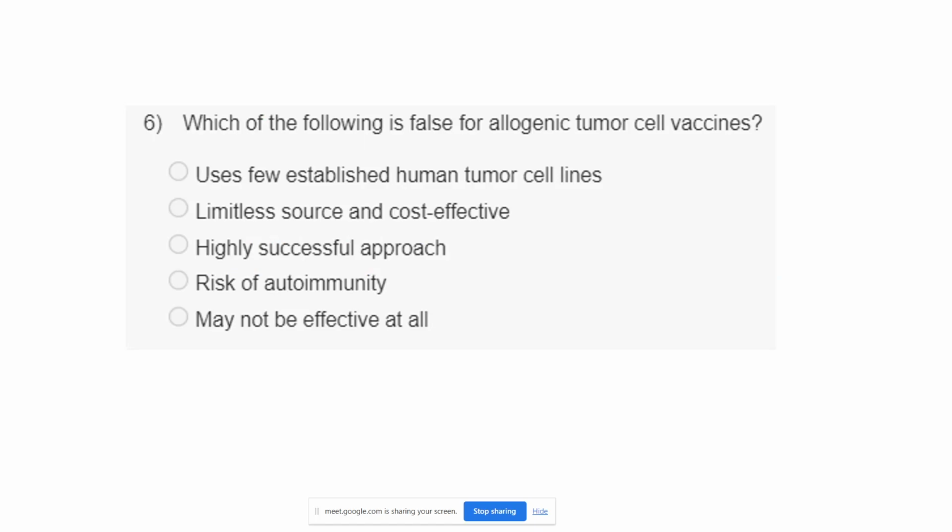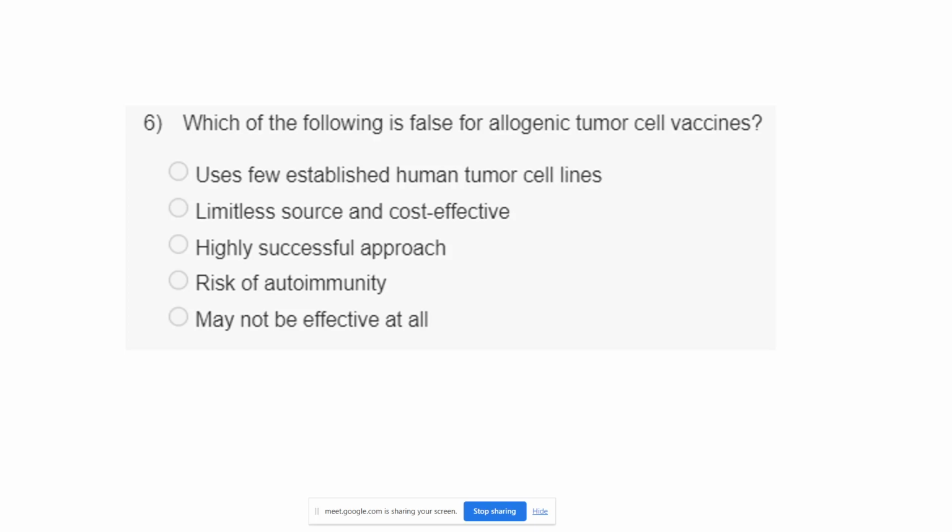Here's the next question. Which of the following is false for allogenic tumor cell vaccines? Please go through the options and let me know what you think the answer is.